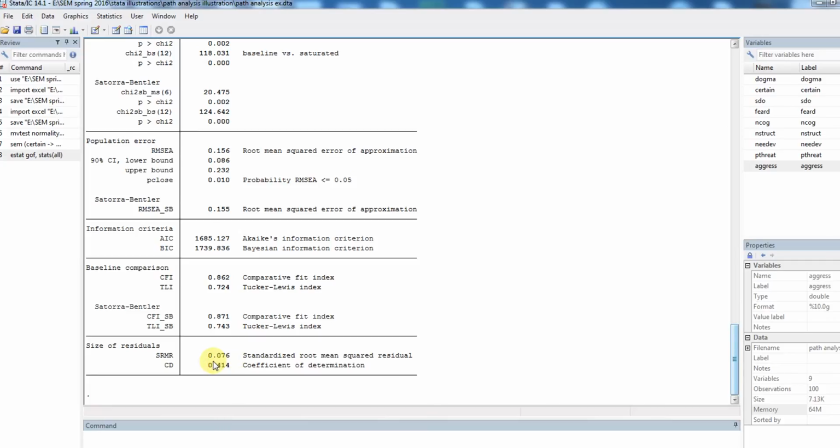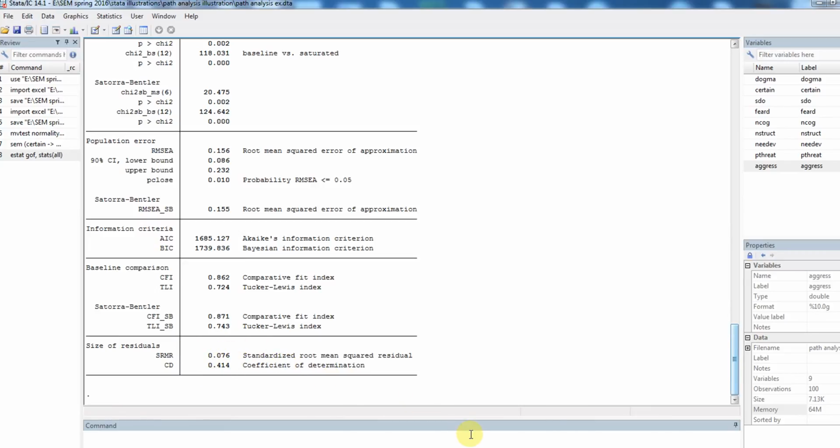So based on the Satorra Bentler chi-square test, the adjusted RMSEA based on the Satorra Bentler correction, the CFI and TLI, again reflecting that correction, and also the standardized root mean square residual, our model does not appear to demonstrate good fit to the data.